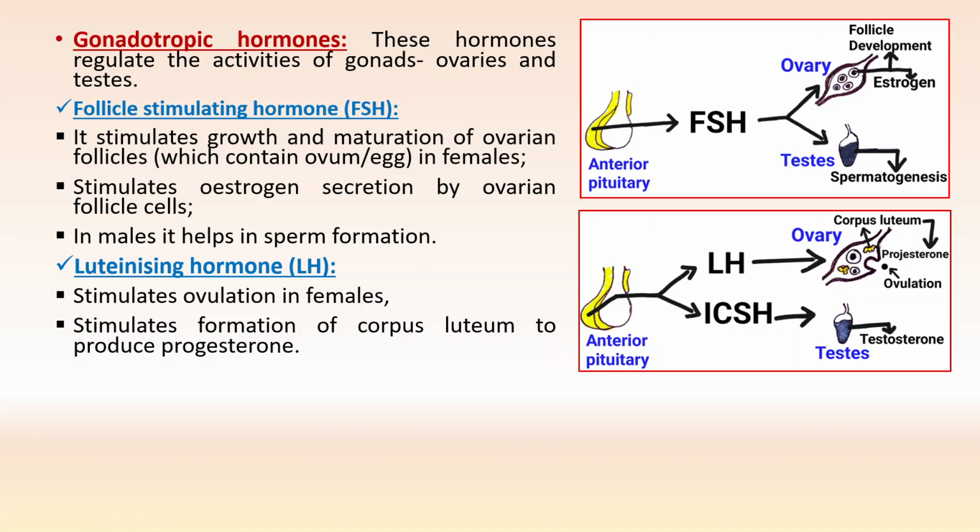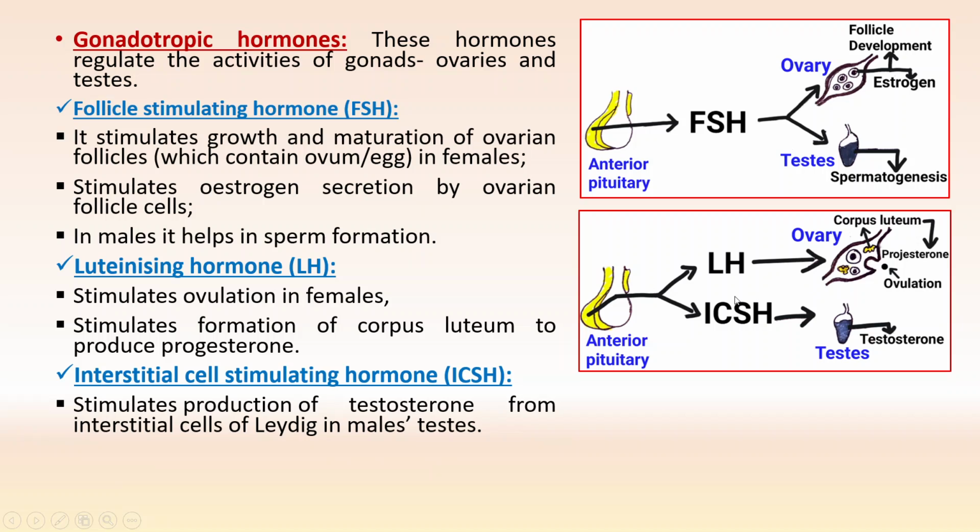Without the LH surge, ovulation is impossible. After the rupture of the Graafian follicle, it gets converted into a yellow colored body known as the corpus luteum. See, here is the corpus luteum from which progesterone is secreted.